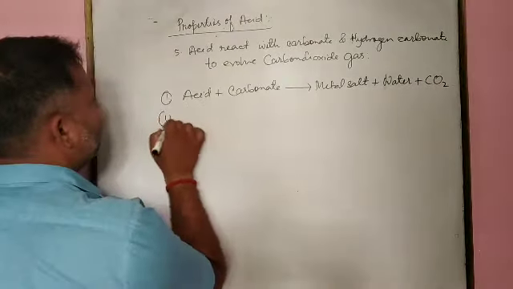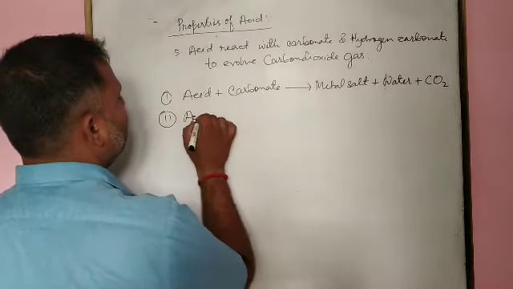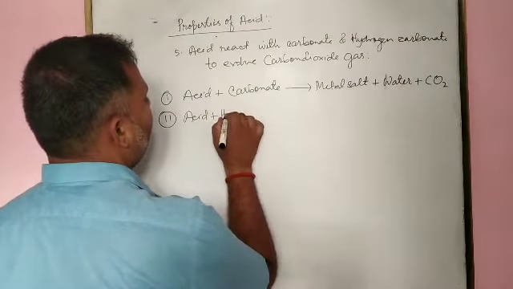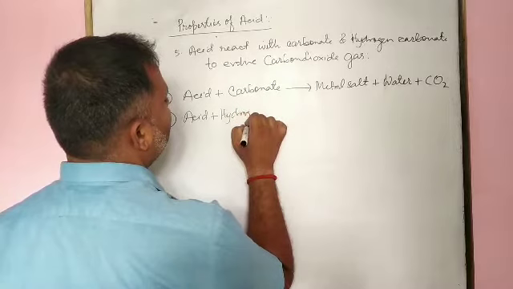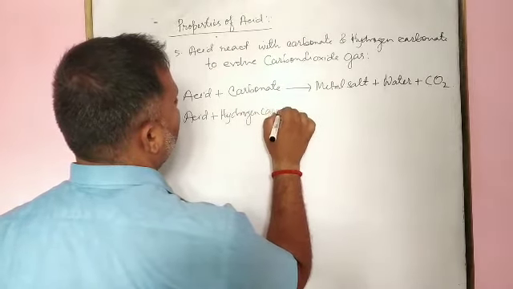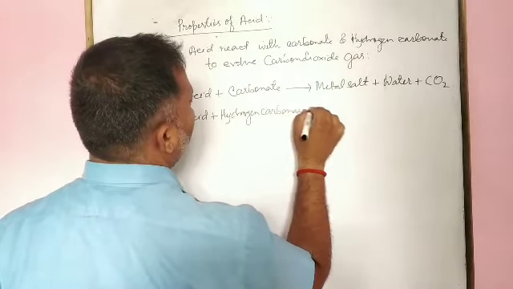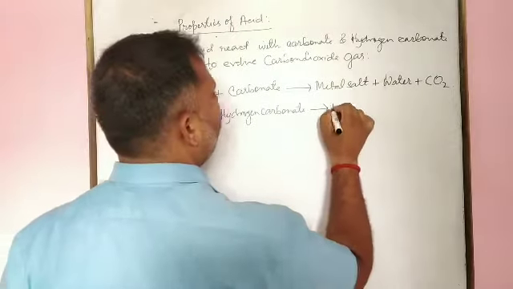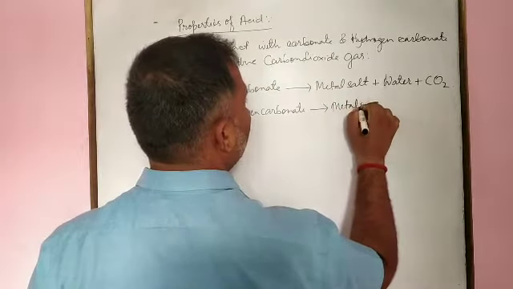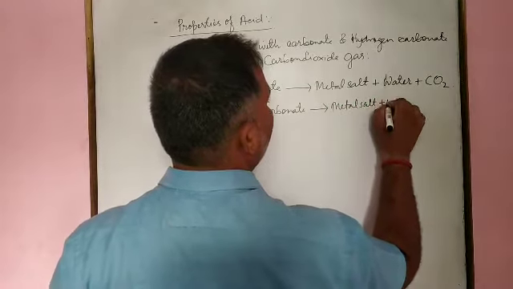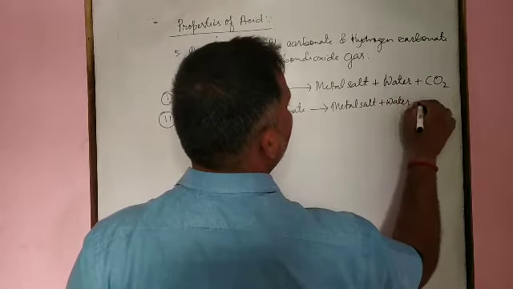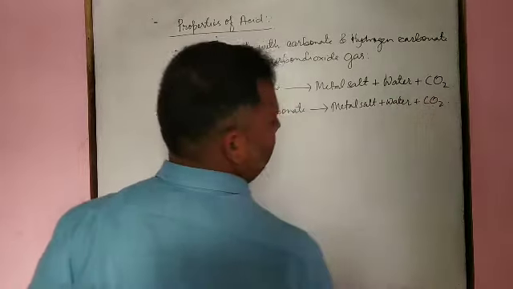The next reaction we have, acid when it reacts with hydrogen carbonate, forms metal salt plus water plus carbon dioxide. Clear?